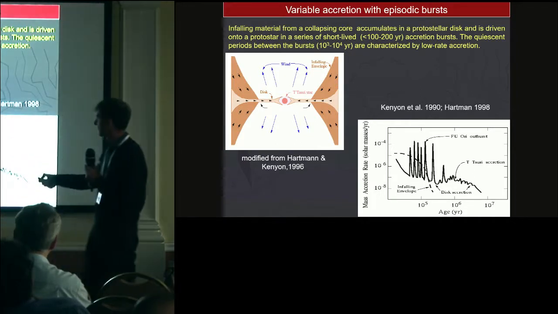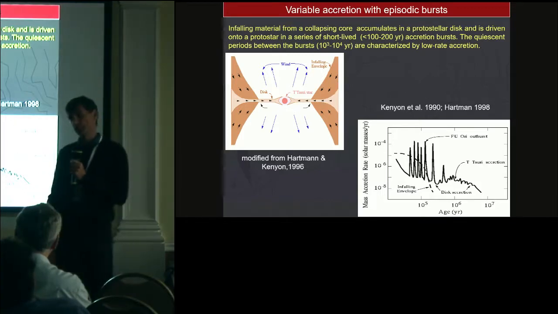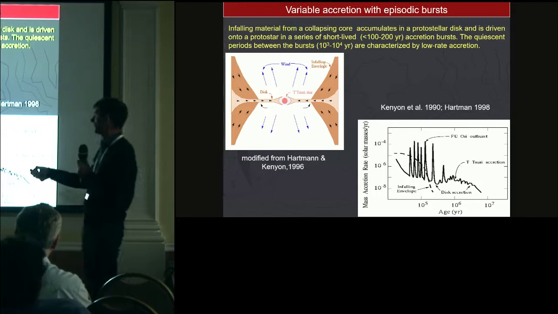Instead, there is some dead zone here where the rate of transport is lower than in the rest of the disk, and the matter accumulates here. So it accumulates here until something happens, and this matter is dumped onto the star, causing a huge outburst. So this is illustrated here.